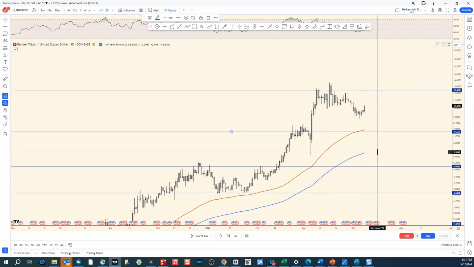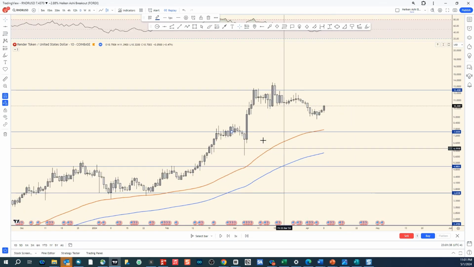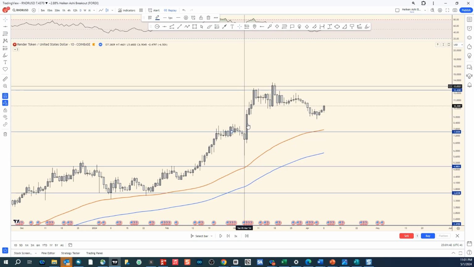The next is liquidity taken before this big move up. What I mean is, for price to go up, it has to go down first. There has to be some sort of manipulation down first to grab all the stop orders, and that's the fuel that pushes the price up.